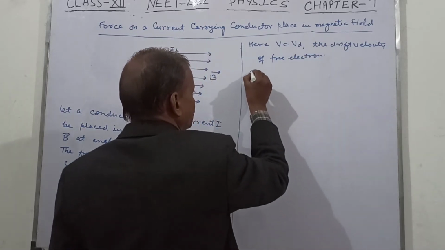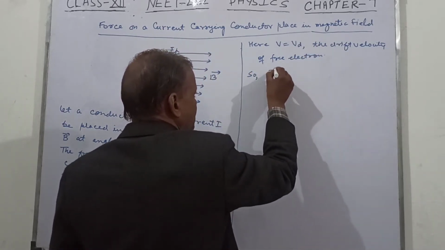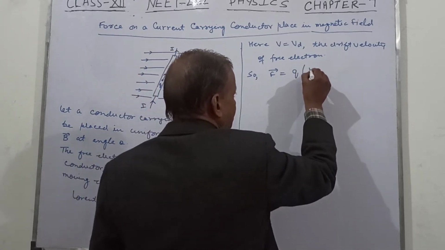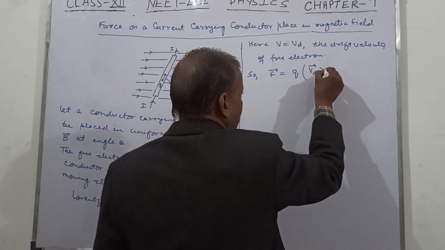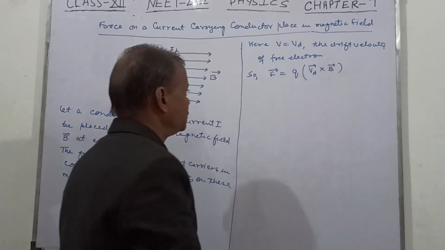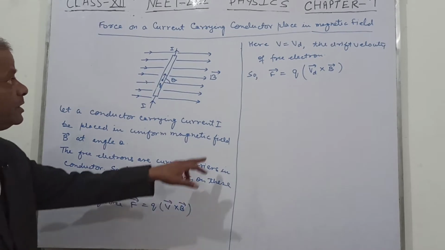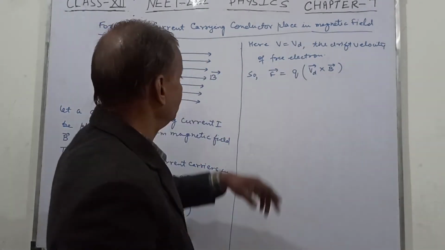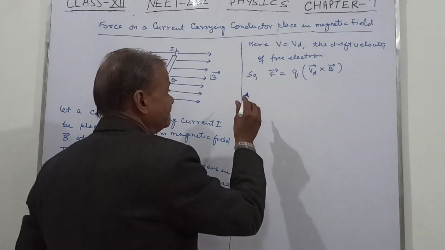So this F equal to Q, and this is now your vd cross B. Now in place of this v, we write vd, and let the length of the conductor be L.